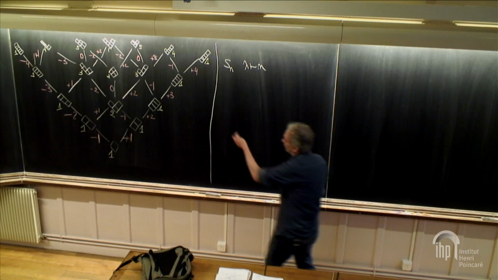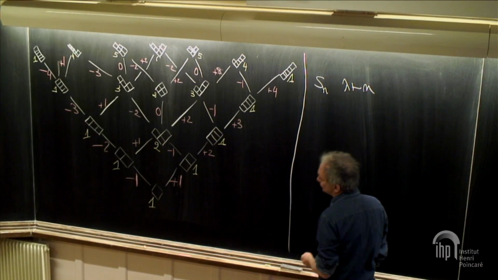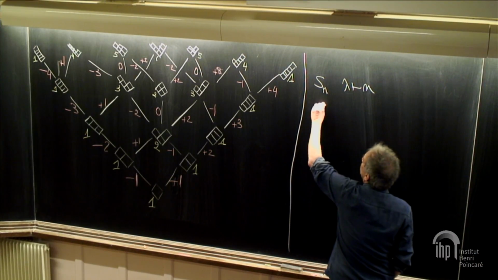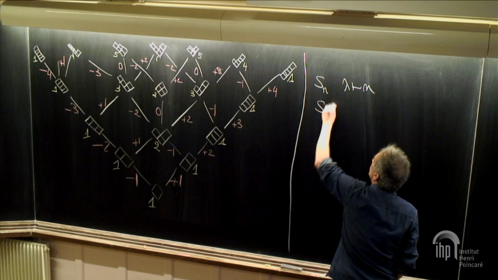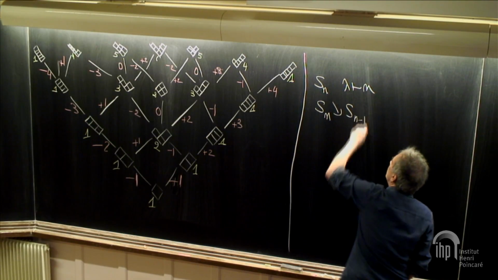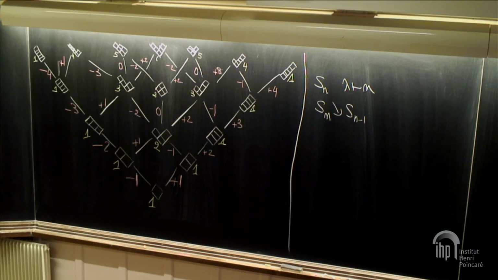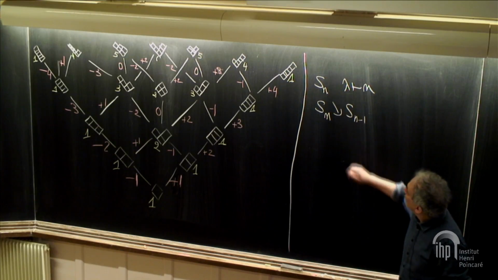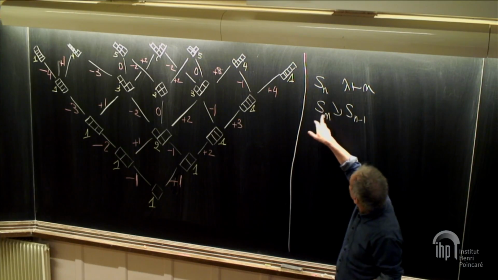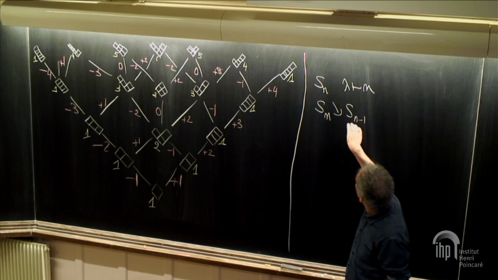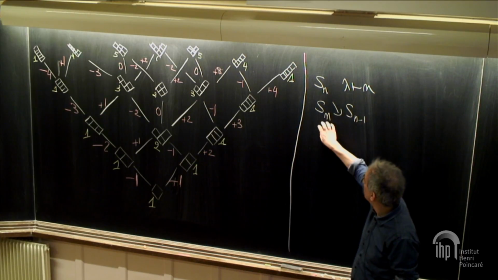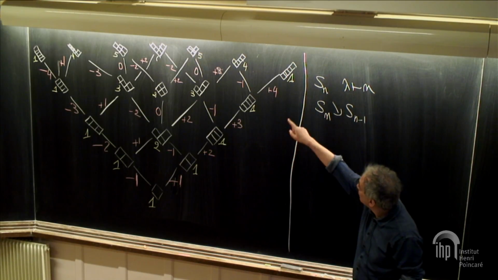Now the point in this diagram is that we represent the branching law, that is the way that representations behave when you do the restriction. When you take an irreducible representation of Sn and reduce it to Sn minus 1, we see that it decomposes into irreducibles, and for each irreducible of Sn minus 1 occurring in a representation of Sn, I draw a line.